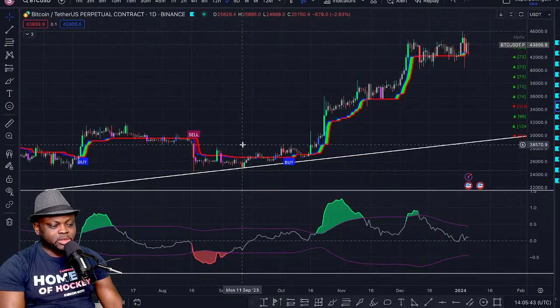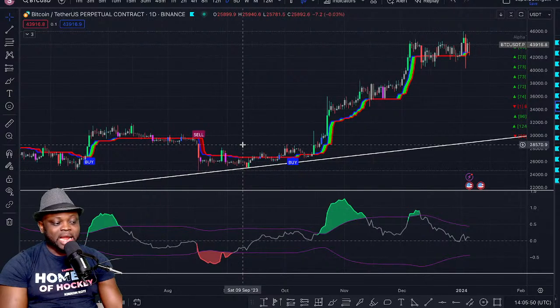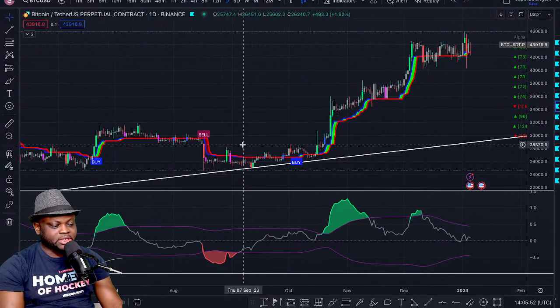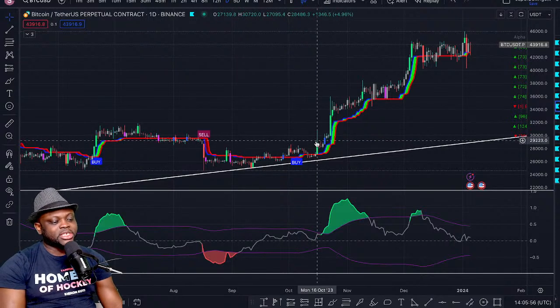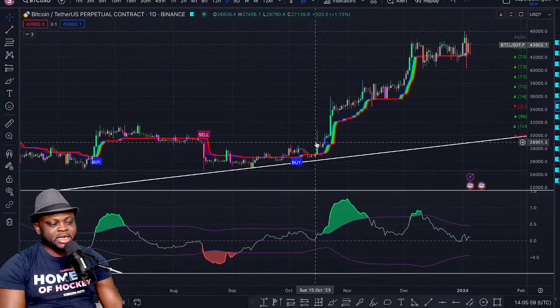For example, let's say we are waiting for the BlackRock so-called news, and we know that Bitcoin is going to be bullish, right? And immediately you see that Bitcoin is in an uptrend on that daily time frame, and Bitcoin is respecting the trend.